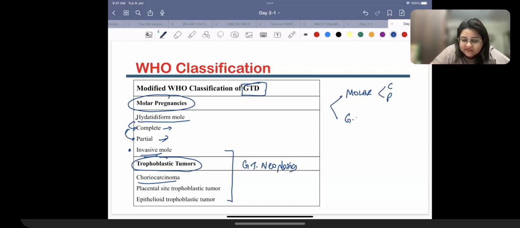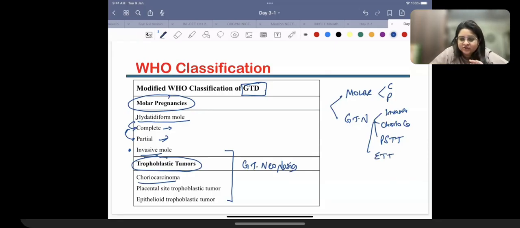And then you have gestational trophoblastic neoplasias. In neoplasias, you have invasive mole, choriocarcinoma, placental site trophoblastic tumor, and epithelioid trophoblastic tumor. We will be discussing mainly molar pregnancies, and then we will be discussing a bit about the important points about GTN. So let's start with molar pregnancy.